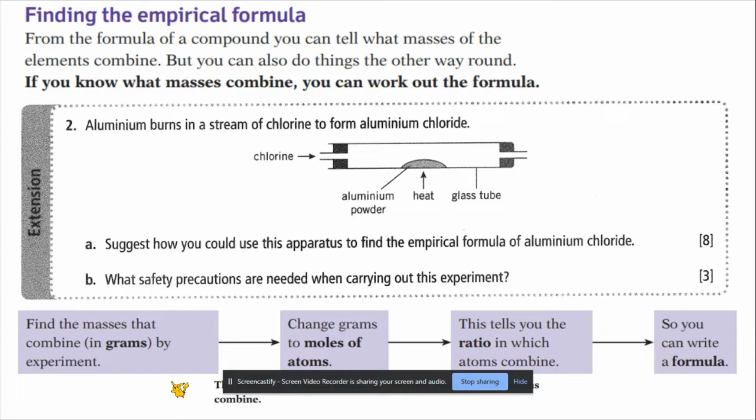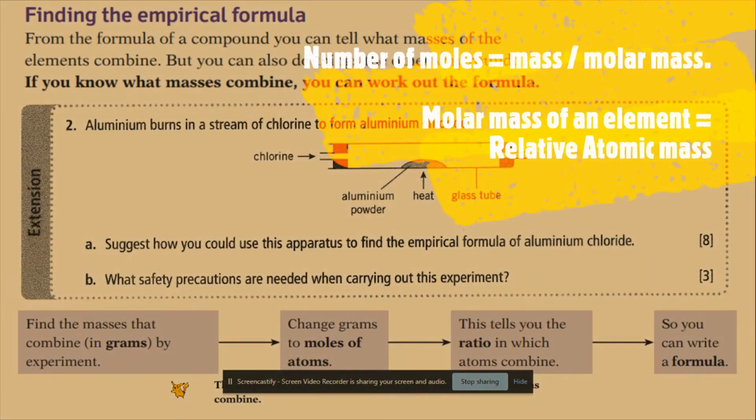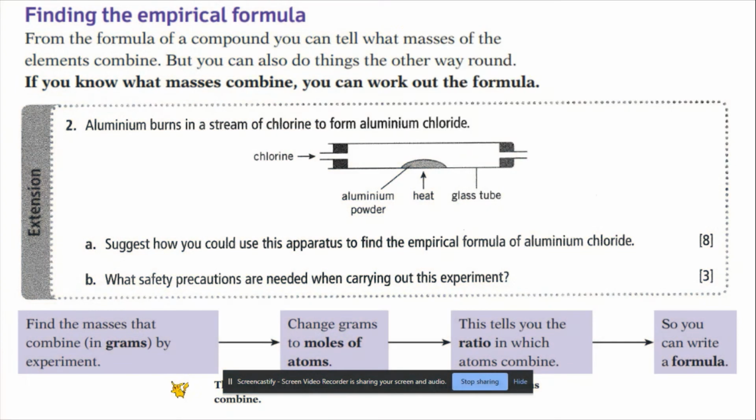To work these things out, you use the formula: number of moles equals the mass of the sample, or in this situation the mass of your element, divided by the relative atomic mass of the element, which we'll generalize as molar mass. So number of moles equals mass over molar mass. That's how I'll be referring to that relationship from this point onwards.